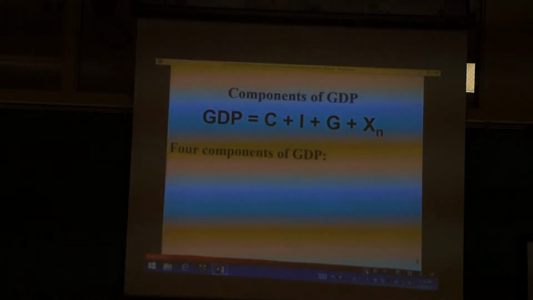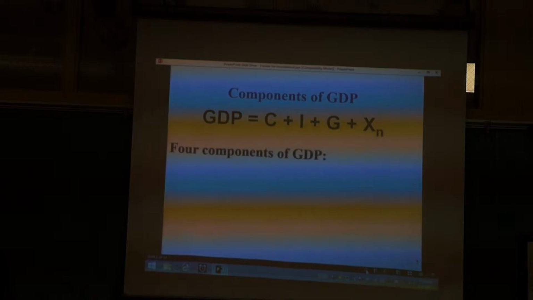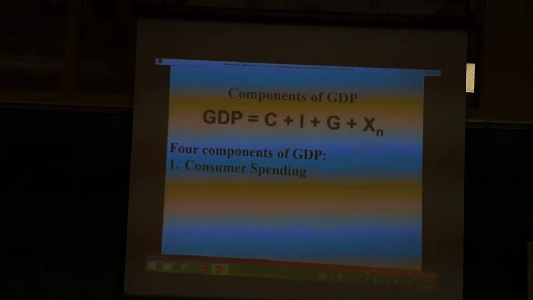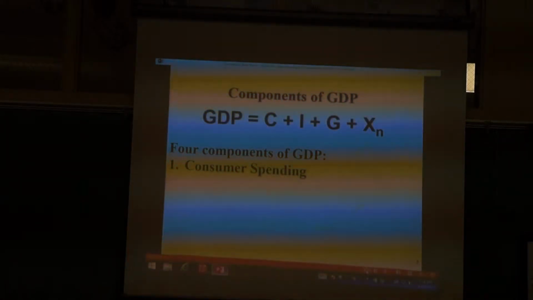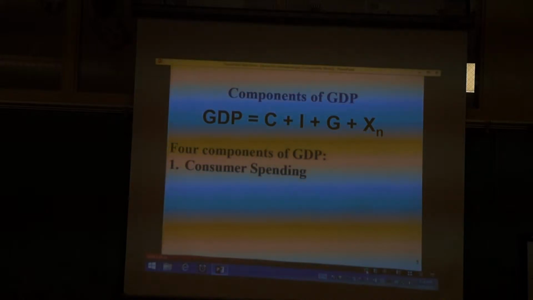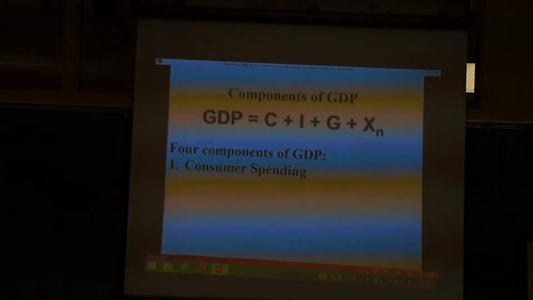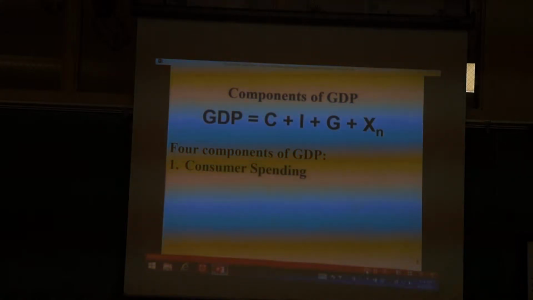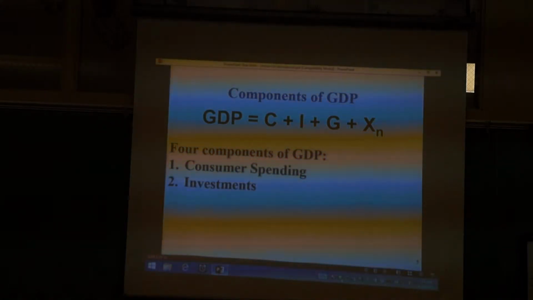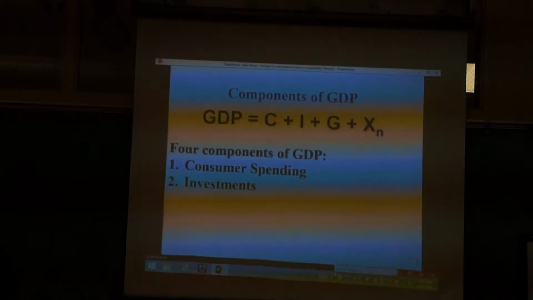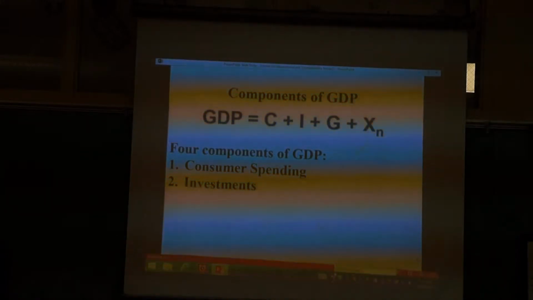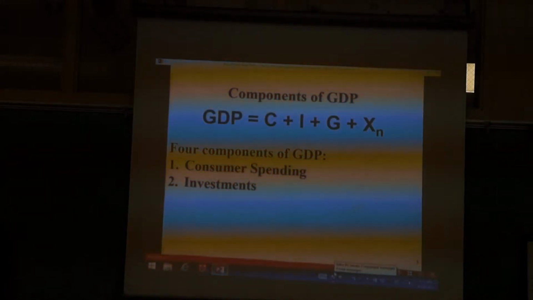Alright, and here are the 4, I didn't give you a spot, but I was just reminding you the 4 components of GDP. 1, consumer spending. Second is investment. And again, here in investment, we're not talking about stocks and bonds.